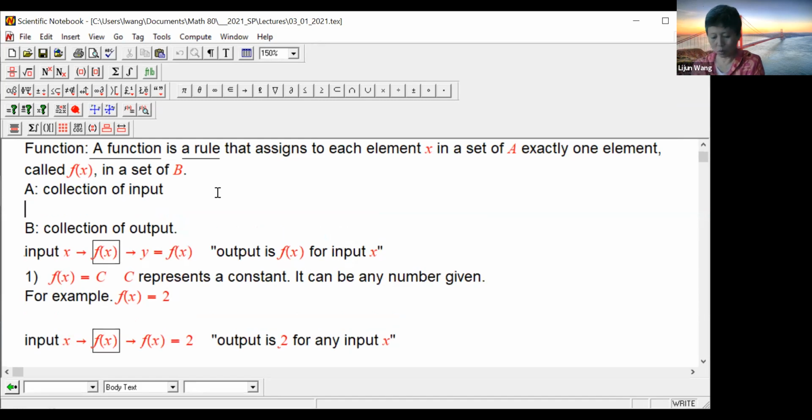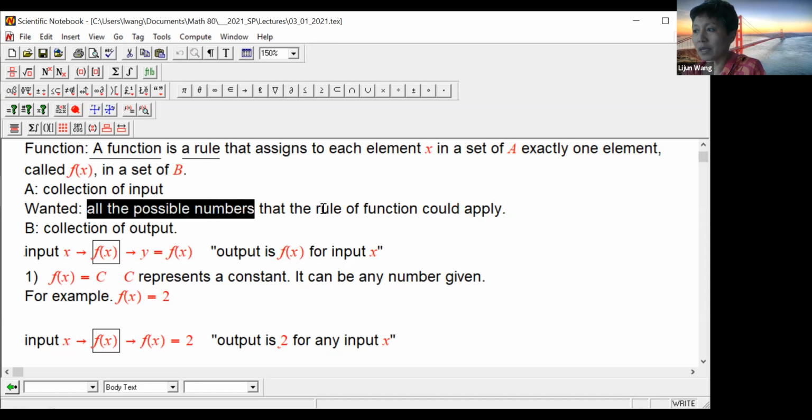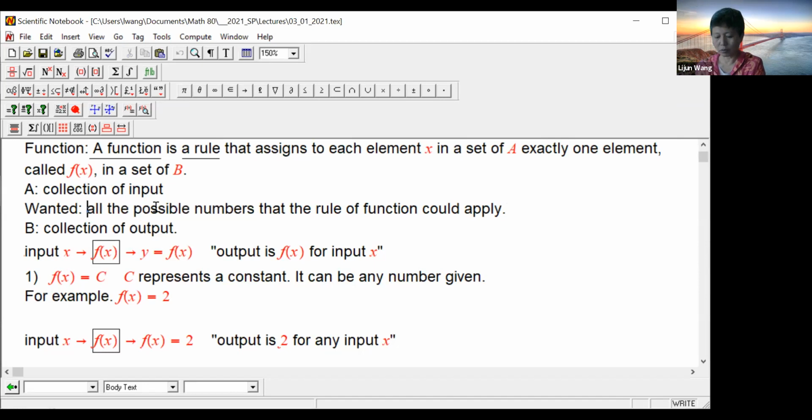So what is wanted is all the possible numbers that the rule of the function could apply to. If we can find all possible numbers that this rule can apply to, we call it by a very special name: domain.